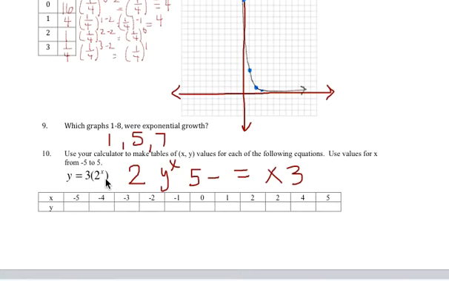Now, you're going to get a really long decimal. It's 0.09375. Yes? Yes.